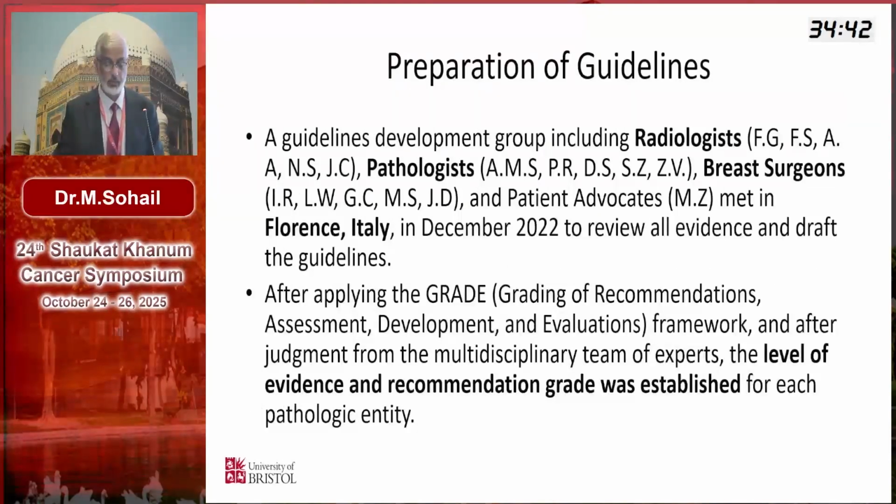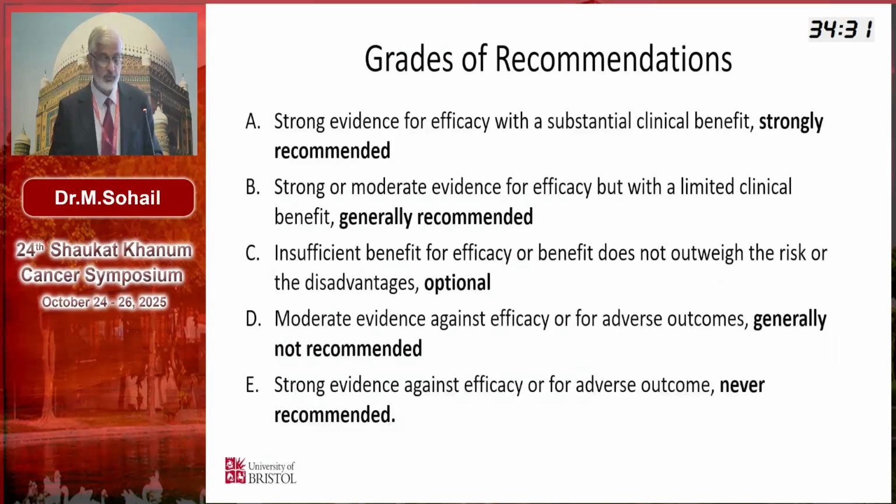So these pathologists, radiologists, and breast surgeons sat together in Florence in December 2022, looked at all this data, analyzed it, and put together different grades of recommendation. If they thought there was strong evidence for efficacy with substantial clinical benefit, they gave it a strong recommendation and grouped it as recommendation A. But if there was strong to moderate efficacy but with limited clinical benefit, they generally recommended it.